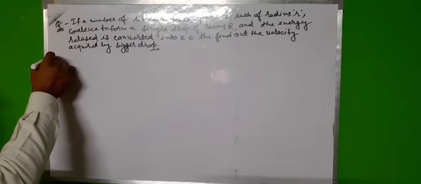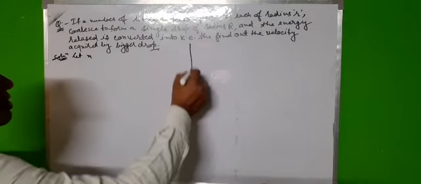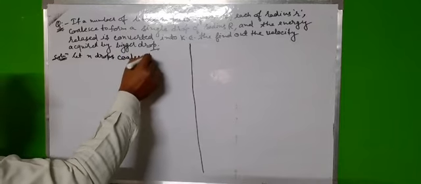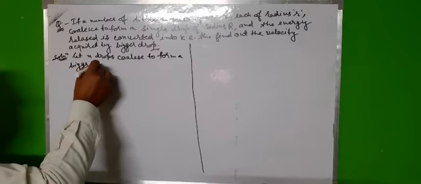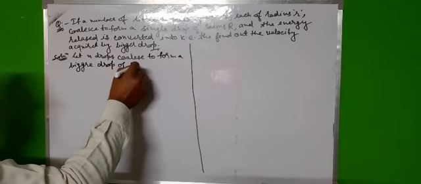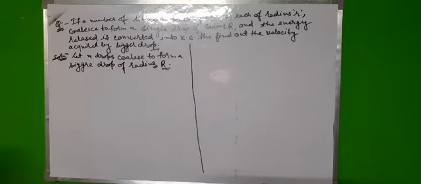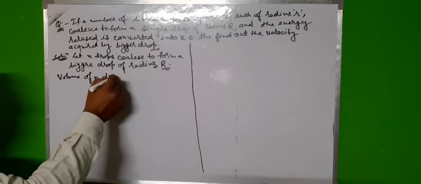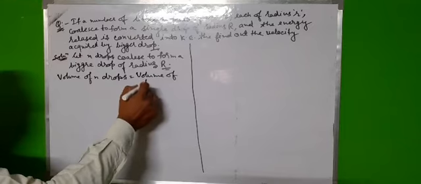So first of all, we will consider small n drops coalesce to form a bigger drop of radius capital R. So now we have to calculate the volume: volume of small n drops is equal to volume of bigger drop.